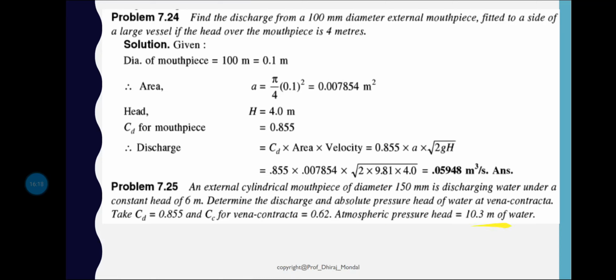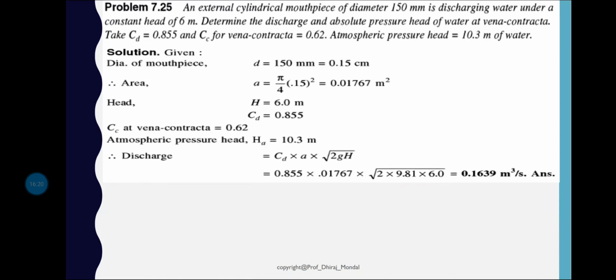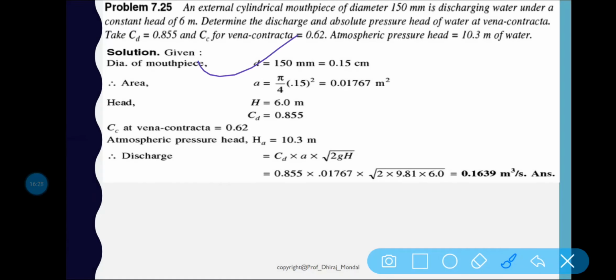Atmospheric pressure head 10.3 meter of water. So again same formula, here diameter D is given. First of all, pause the video, try to solve the problem yourself, then after that you can see this lecture.